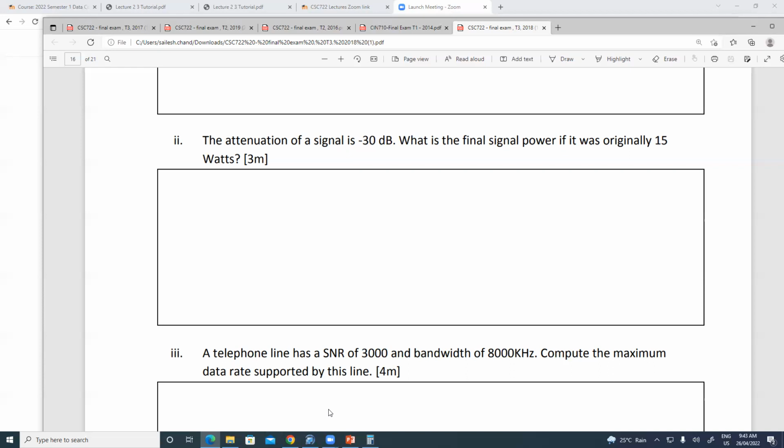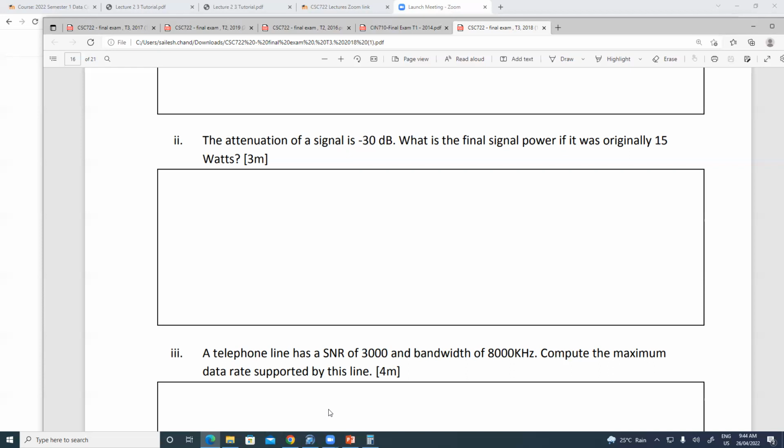So what is the final power? Final power is 0.5 watts.